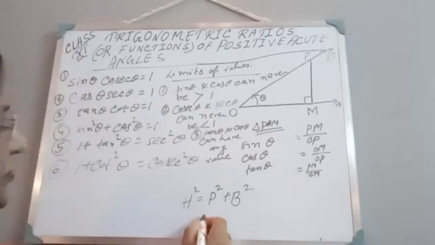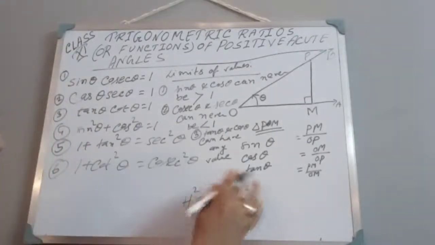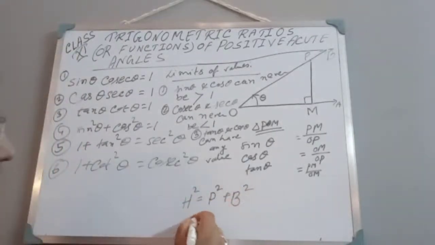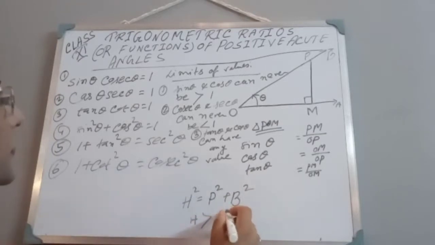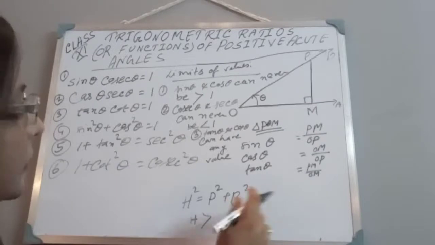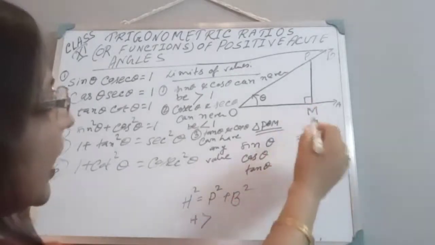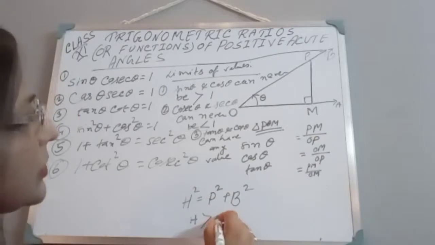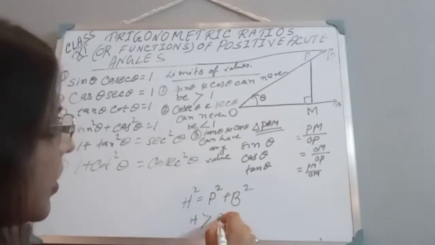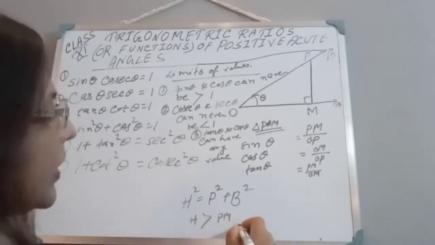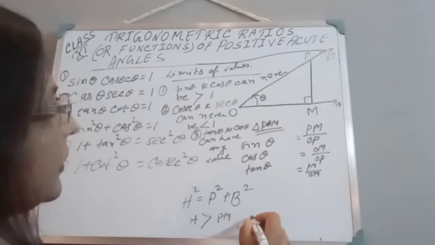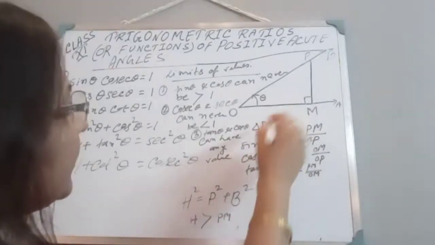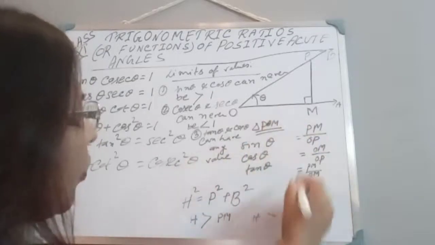Since this is the square of something, hypotenuse will always be greater than PM, or greater than OM.